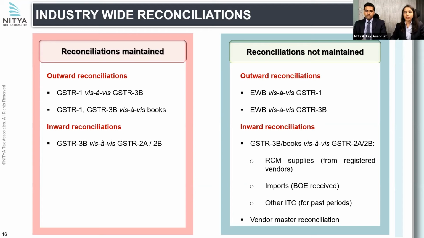Because, as we know, recently some notices have been issued to taxpayers stating reversal of ITC in case the tax has not been duly deposited by the supplier to the government. So to avoid all these situations, it's important that a vendor master reconciliation is done between 2A and 3B to ensure that non-compliant vendors can be tracked and follow-ups can be done in a timely manner.